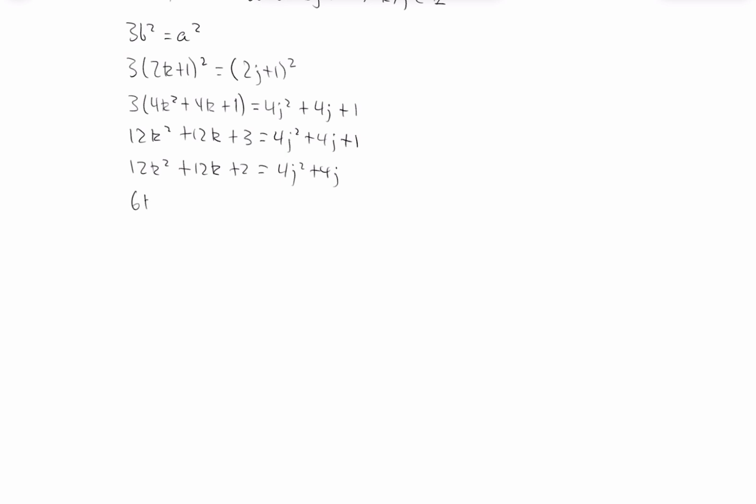I'll get 6k squared plus 6k plus 1 equals 2j squared plus 2j. Okay, what I'm going to do is a sneaky little trick, a bit of manipulation of these expressions to make something a bit clearer. So I'm going to rewrite both sides like this.